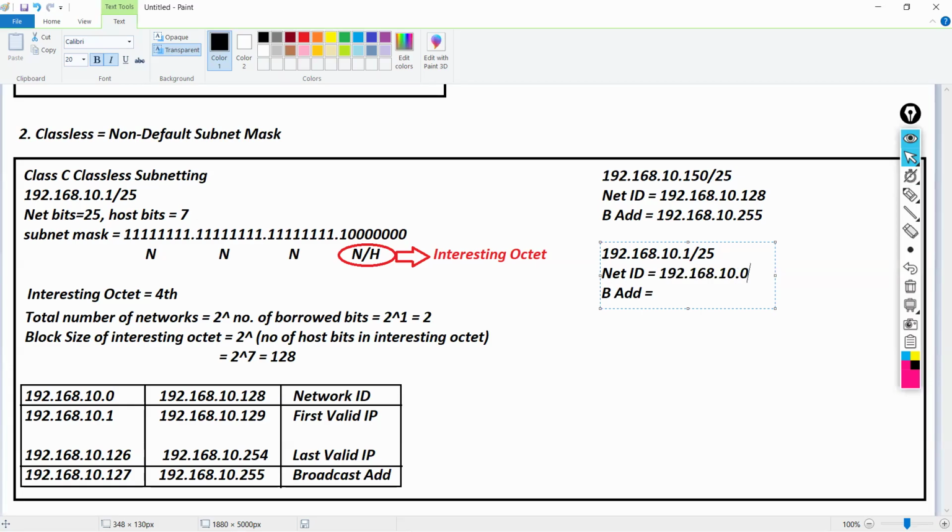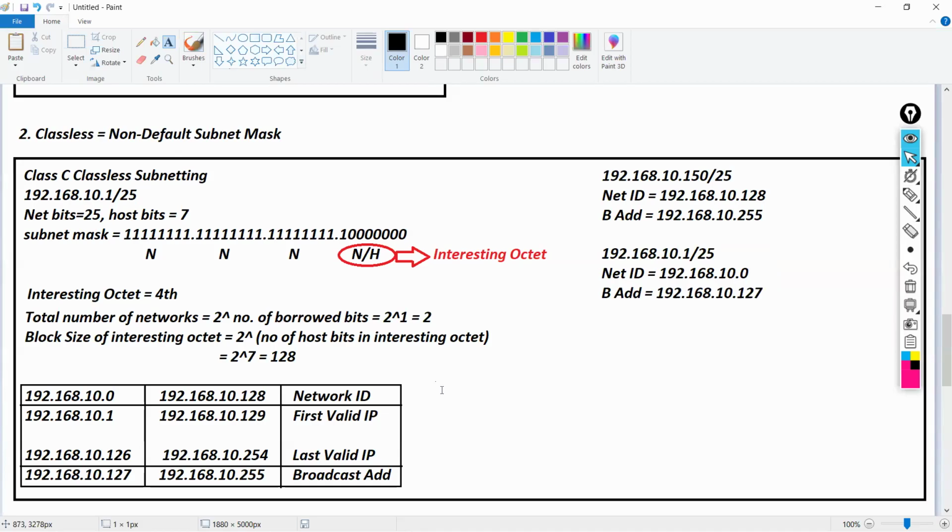This will be 10.0 and this will be 10.127.